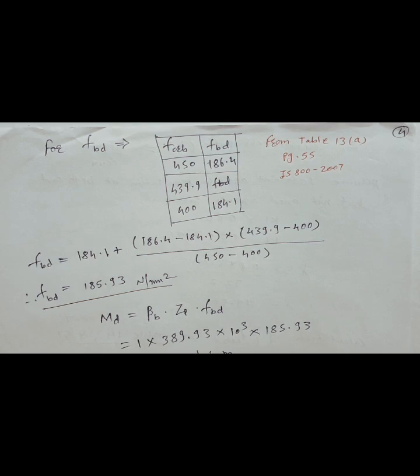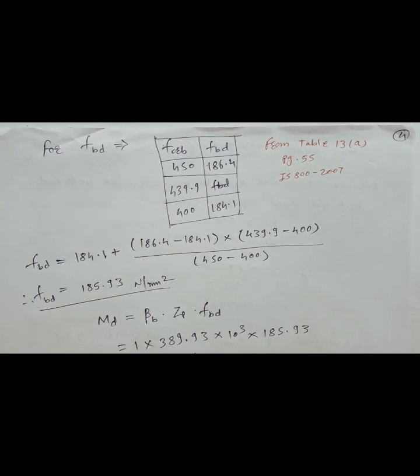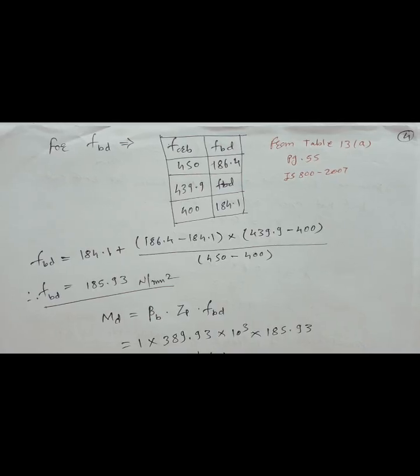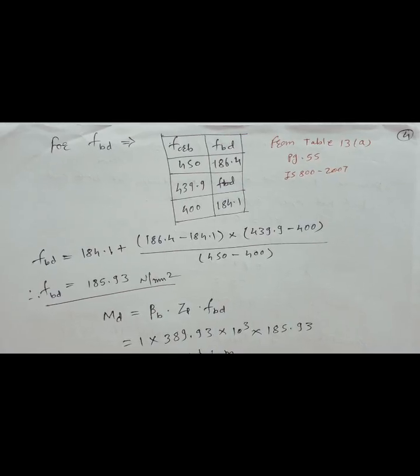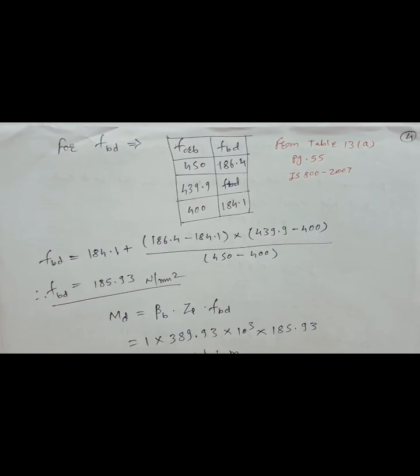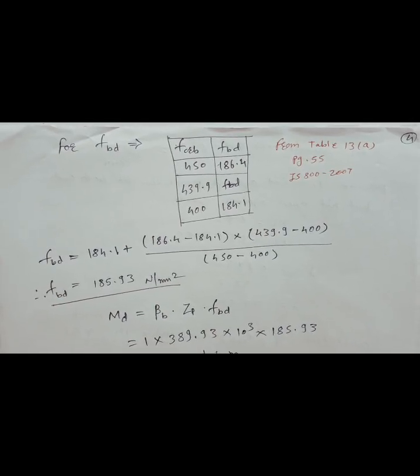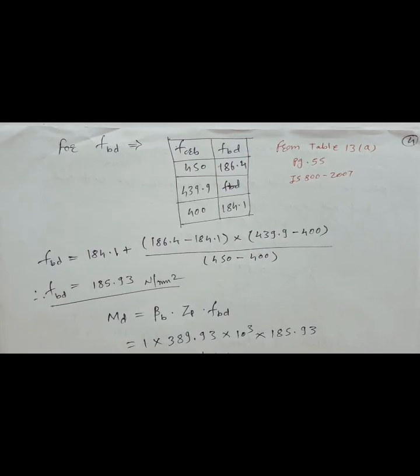After calculating the FCRB, we can determine the FBD from table 13a, page 55, IS 800. Again, with respect to interpolation, we can determine the FBD. It is also given in the advanced calculator. You can directly calculate this interpolation.